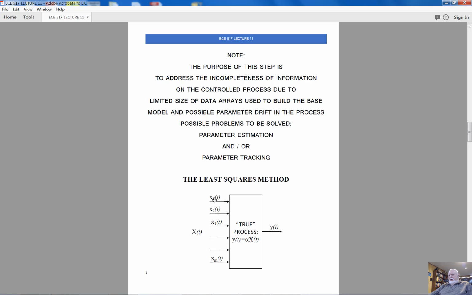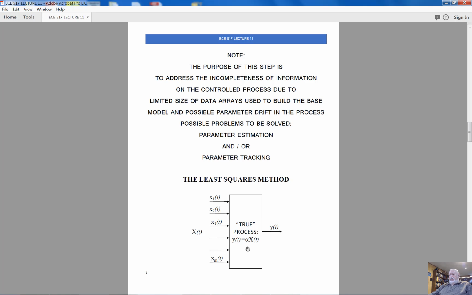Here are components of vector x listed: x1 as a function of time, x2 as a function of time, and so on. And the last one is xm as a function of time. The output is also a function of time because it depends on the input and parameters alpha. This is the simplest case. We have here a linear process, or a process that has linear properties.